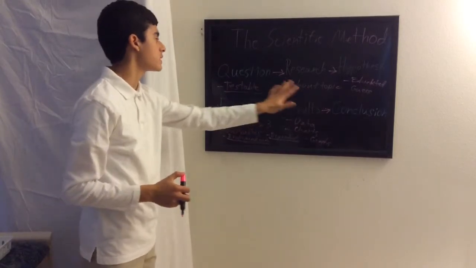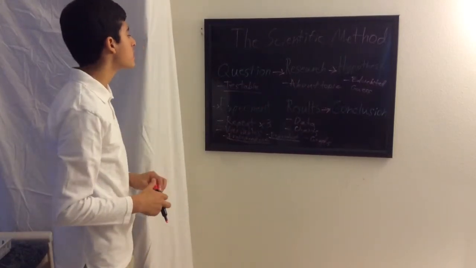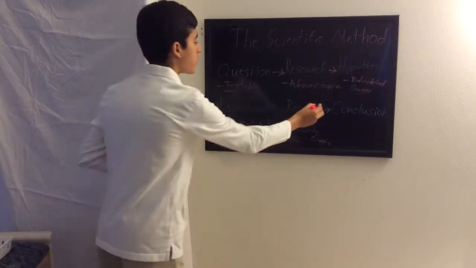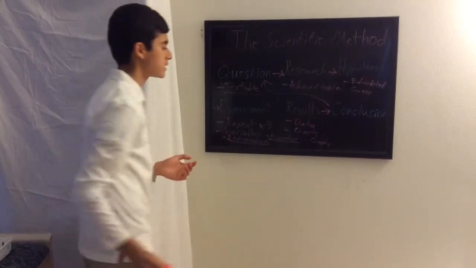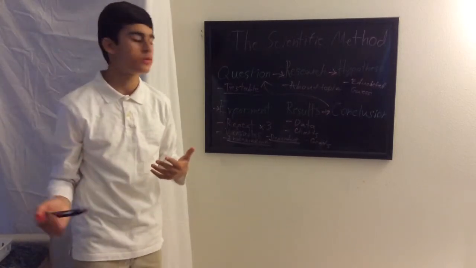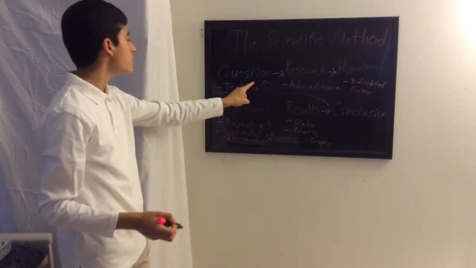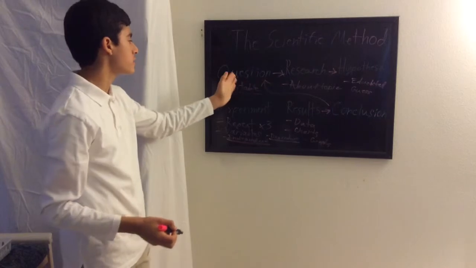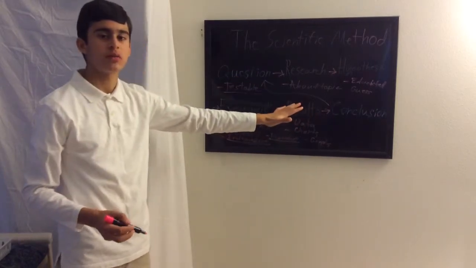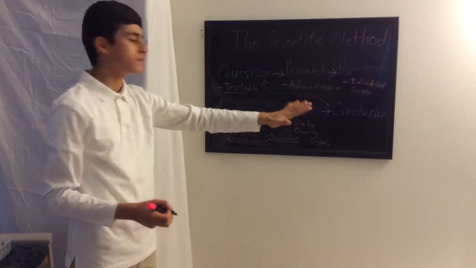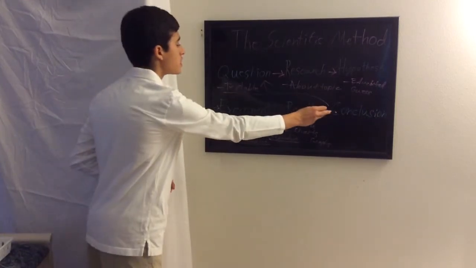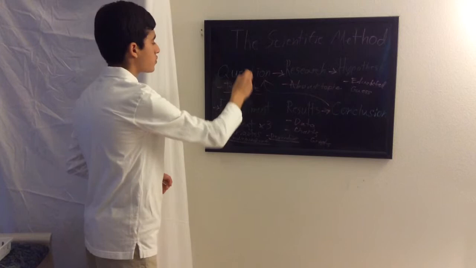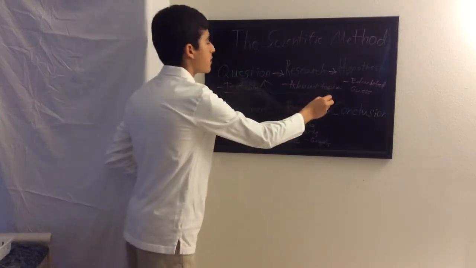Once you have your data, your results, you'll draw your conclusion. That's just when you basically connect these dots. You go back to your question using your results. In this case, the time in seconds that it took for each liquid to go through the funnel, and you'll answer this question. So you'll say such and such liquid is the most viscous because it took the longest time to get through the funnel. You'll also go back to your hypothesis.